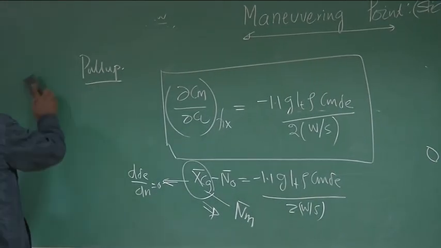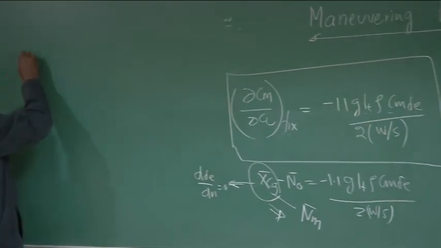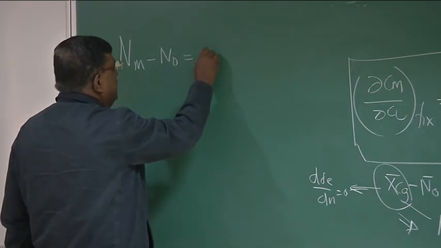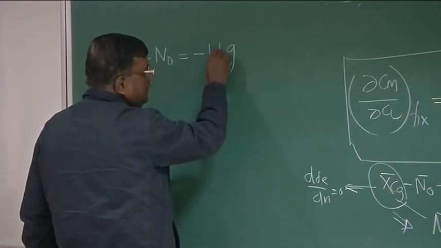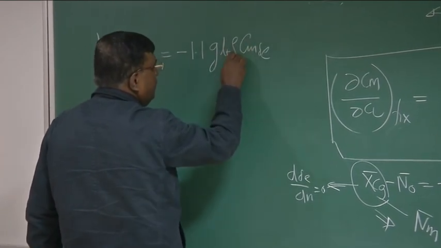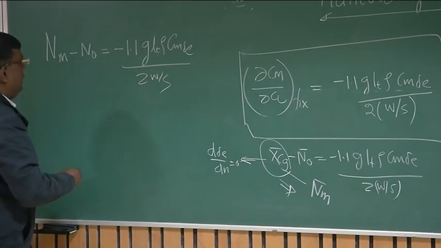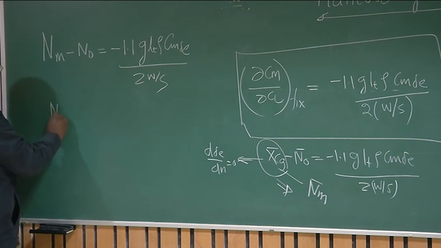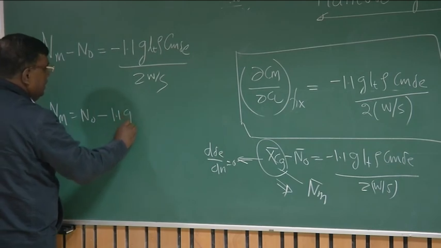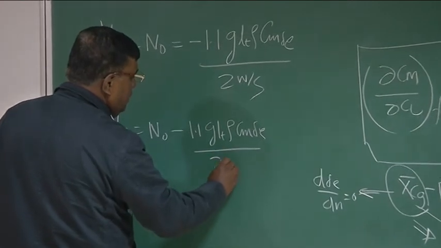We got a very interesting relationship: nm minus n naught equal to minus 1.1 GLT Cm delta E and also rho divided by 2 W by S, or I can write nm equal to n naught minus 1.1 GLT rho Cm delta E by 2 W by S.